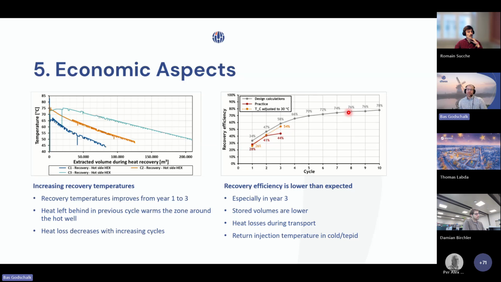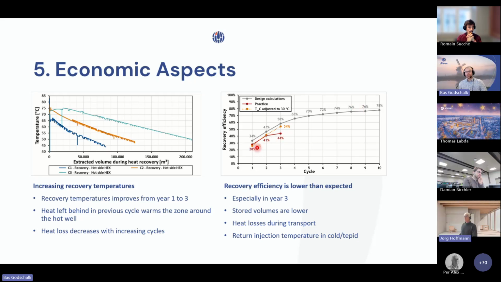Now, in the right picture, you see the calculated efficiency numbers. The gray ones are the predicted ones. The red ones are the actual ones, and they're slightly smaller in the first years. Why? Because we stored smaller quantities of water, which resulted in more losses and a smaller efficiency.